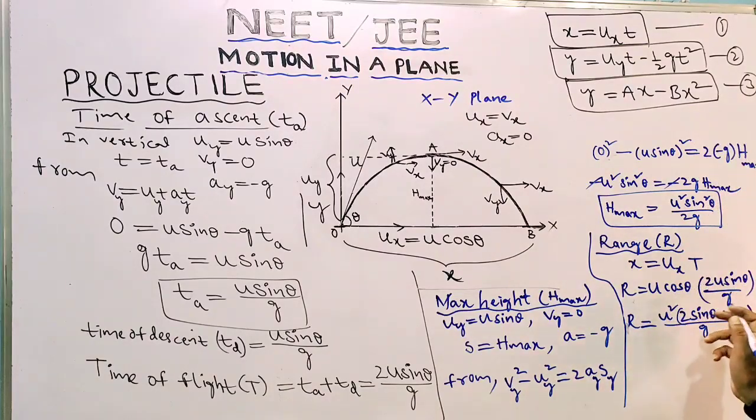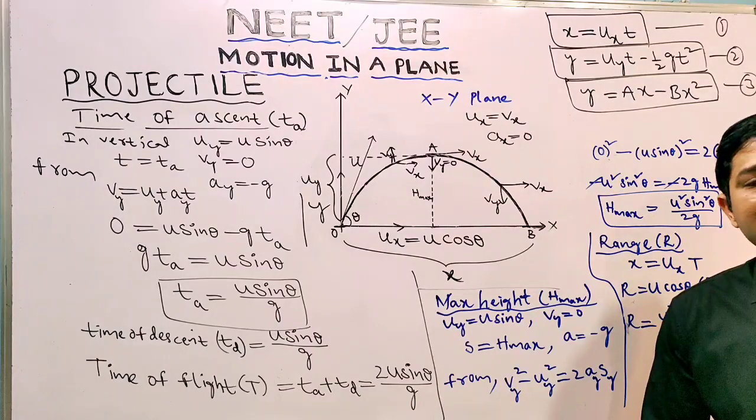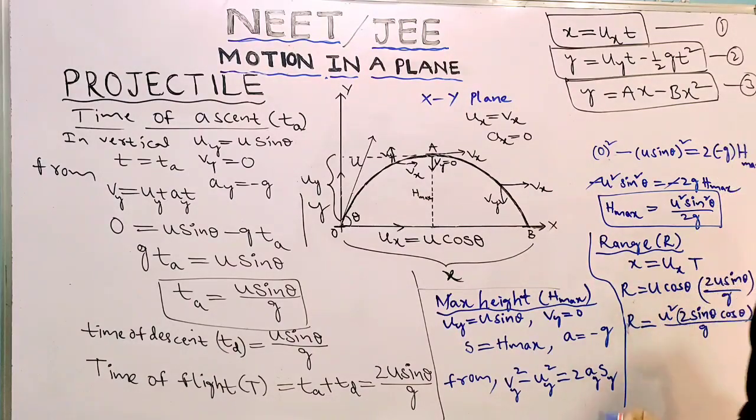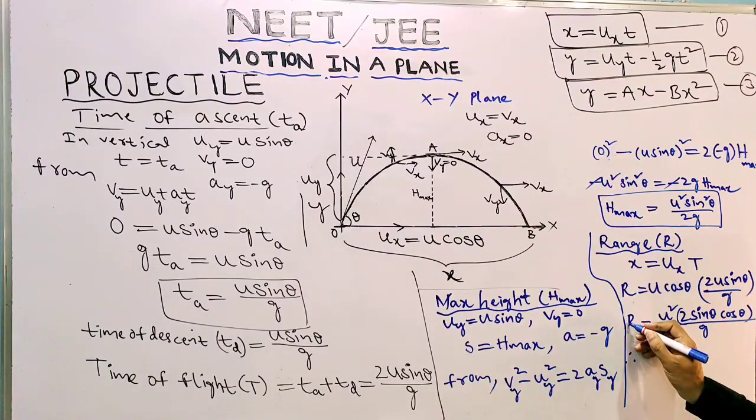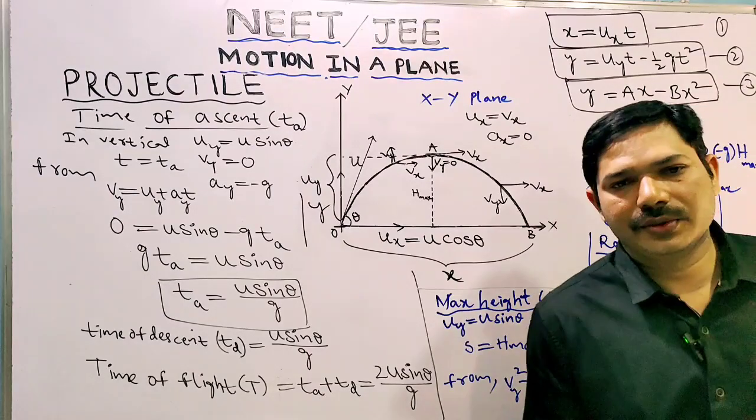From trigonometry, we know that 2 sin theta cos theta is sin 2 theta. Therefore, the range R equals u square sin 2 theta by g.